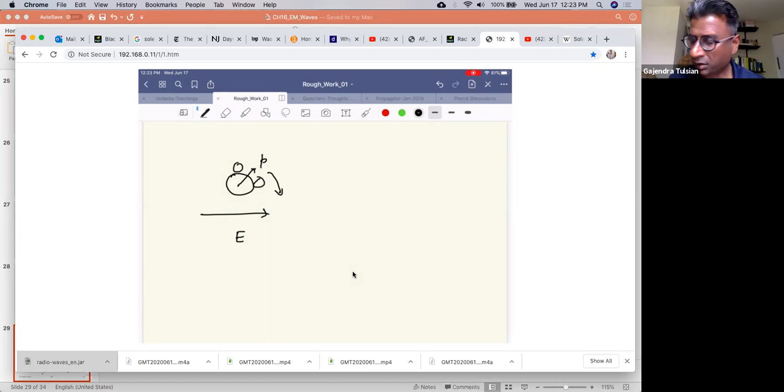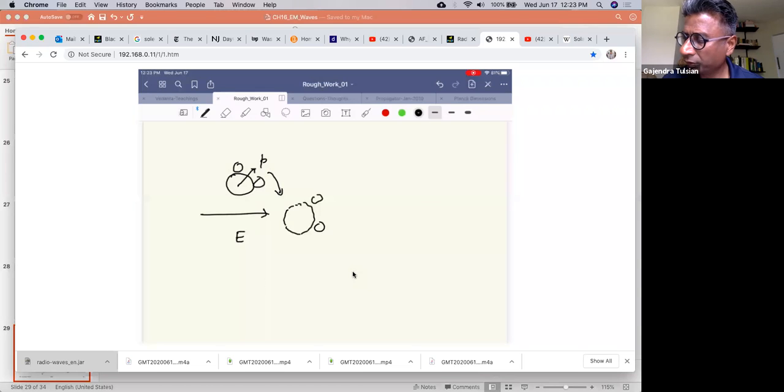The electric field is grabbing hold of the water molecule and turning it this way. It's trying to orient the water molecule like so.